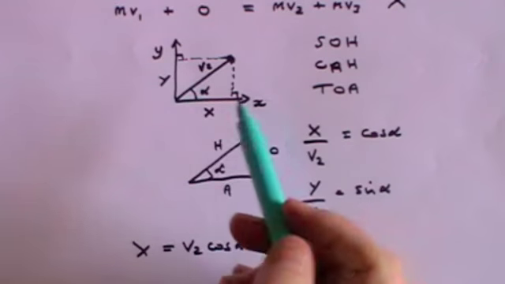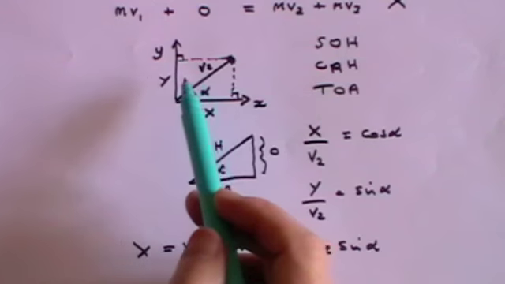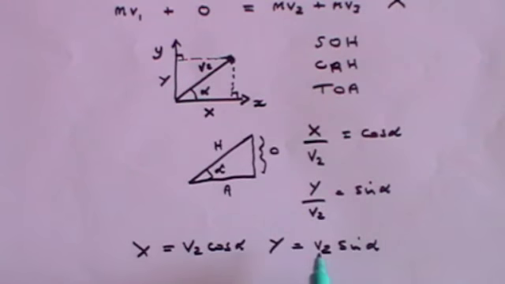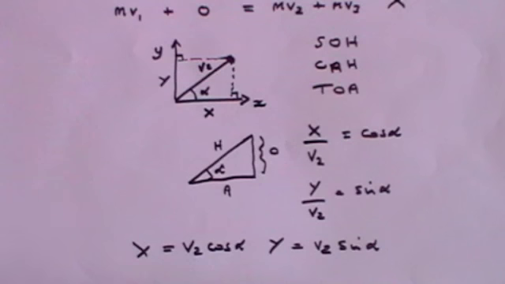You should easily see, incidentally, that if alpha is given as the angle between the vector and the y-axis, then these will simply be reversed. X will be v2 times sine alpha and y will be v2 times cosine of alpha, if alpha is the angle between the y-axis and the vector. But I'm looking at alpha being the angle between the x-axis and the vector.